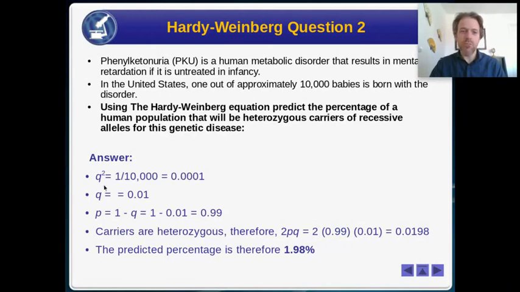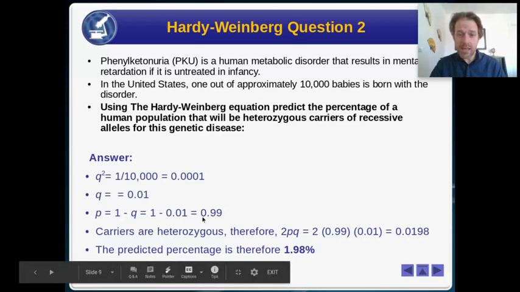We then square root that to get our value for q. We then take that away from 1 to get our value for p. Then we can just use our second equation, 2pq, 2 times 0.99 times 0.01, to give us a value of 0.0198. That's our proportion for 2pq, or our heterozygous, in this case a carrier.